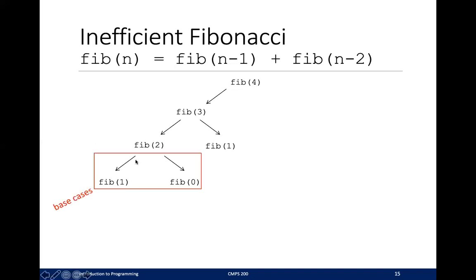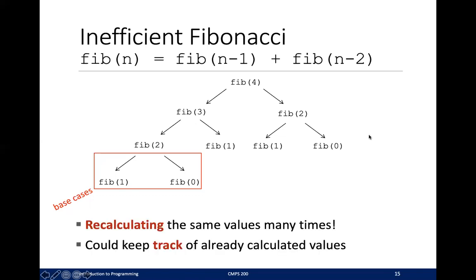So basically, I'm going to compute these values. And then here, remember that I had a call for Fibonacci of 1. This is also a base case. And then Fibonacci of 2 would call Fibonacci of 1 and Fibonacci of 0, which are all base cases. So what is happening here? What I'm trying to show you is that I'm calling the function and recalculating the same values many times.